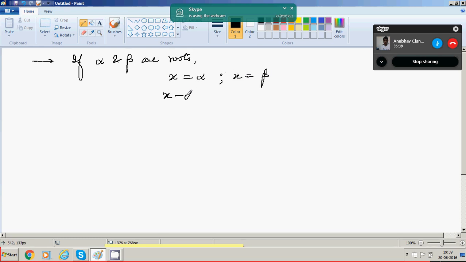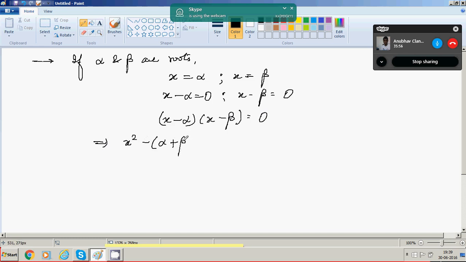It means x minus alpha equal to 0 or x minus beta equal to 0. In other words, x minus alpha times x minus beta equal to 0, which implies x squared minus alpha plus beta times x plus alpha beta equal to 0.